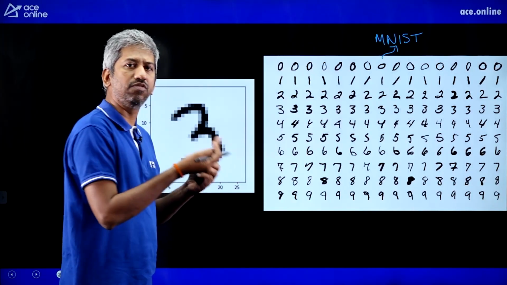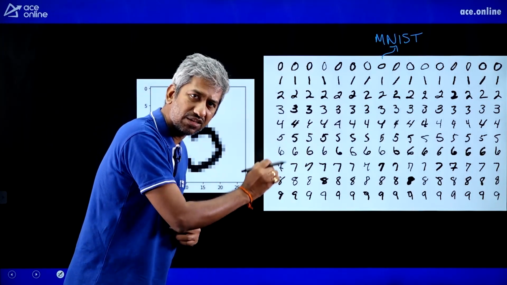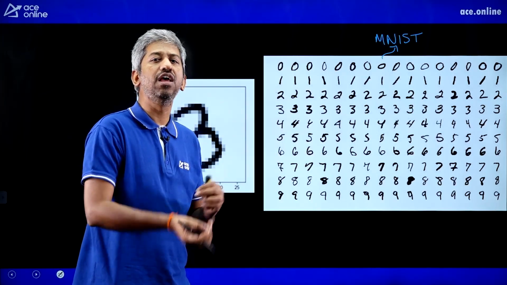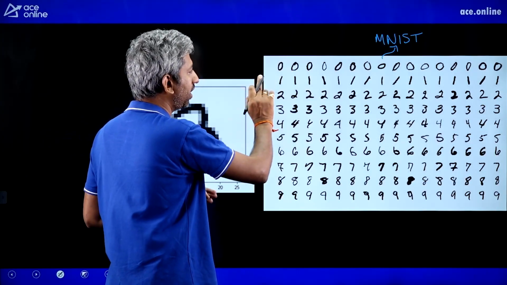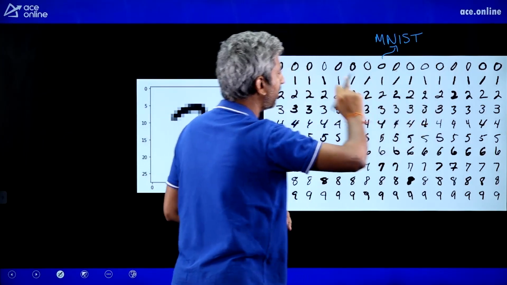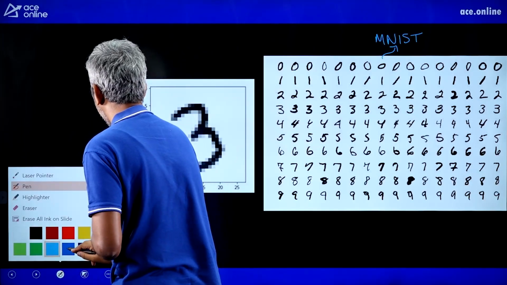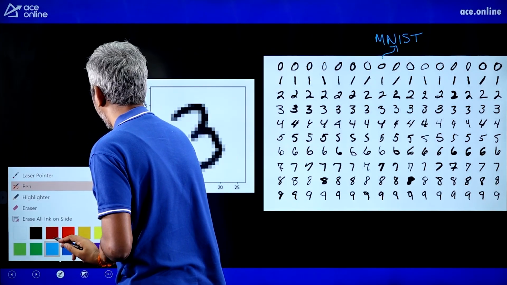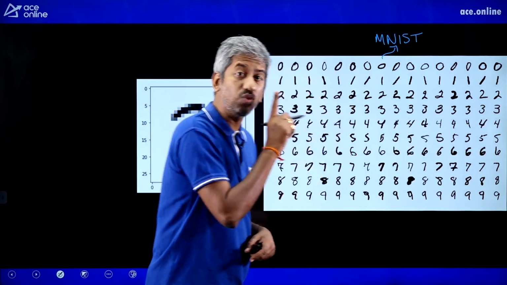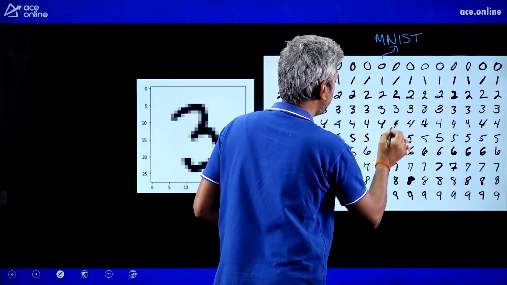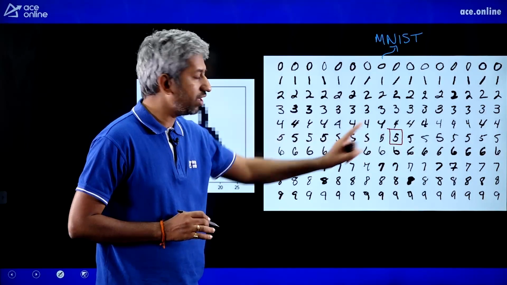Like that, images of handwritten digits have been collected from volunteers. Remember, these are not a series of numbers. Each and every digit here is to be considered as one image. For example, you take this. That 5 is one image.